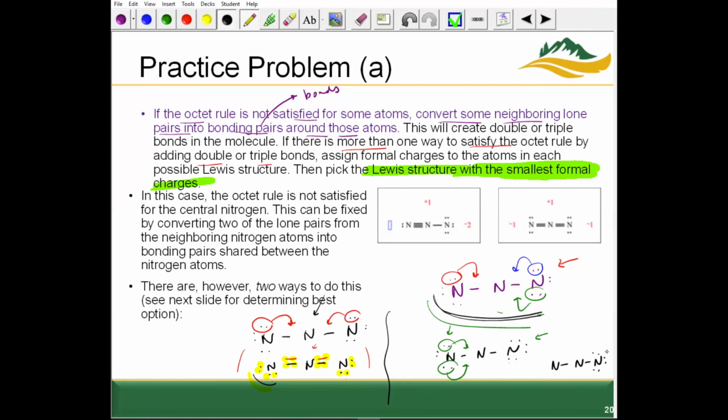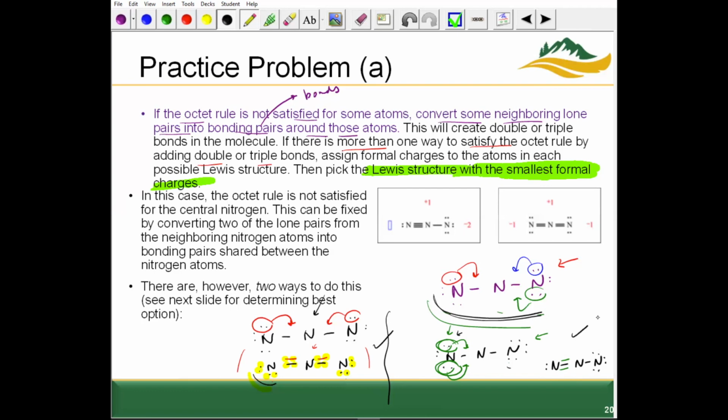I could have done this to the one on the left instead, and left this one unchanged, but taken 2 lone pairs from here. But again, it's symmetric. I ended up taking 2 lone pairs from this one. That leaves 1 lone pair and then a bond here and a bond here from this lone pair and this lone pair. This is an interesting option as well as this.